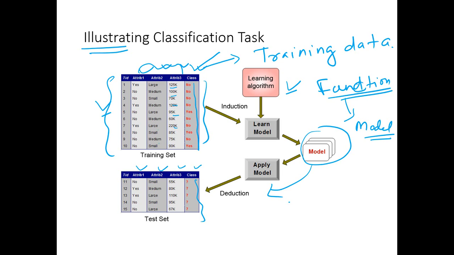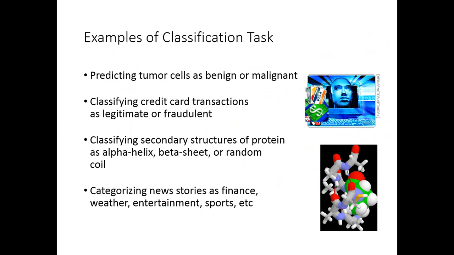You should be able to find that using your model, or using the functional relationship between the class and the attributes in the training data. Alright, so that's the idea behind decision tree. So we just understood in a nutshell what decision tree is all about and how we can use it to classify data into groups.